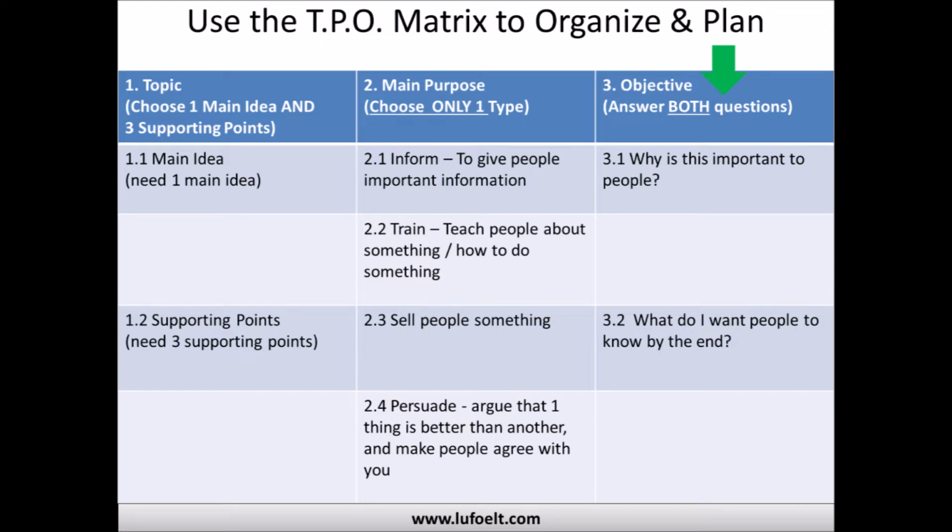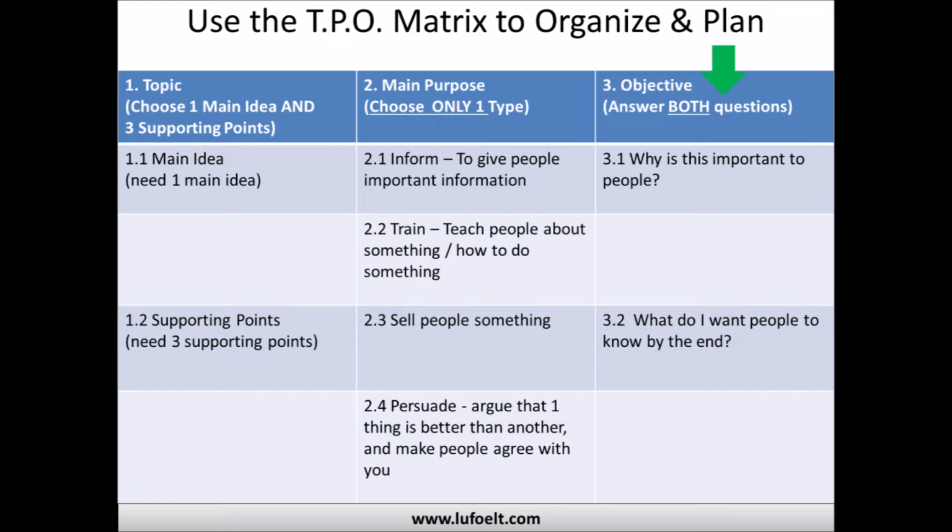For the objective, you need to answer both questions, and you'll recognize these questions from earlier when I was talking about thinking about TPO. So why is this important to people, particularly your audience? Why is this important to your audience? And what do I want people to know by the end of my presentation?